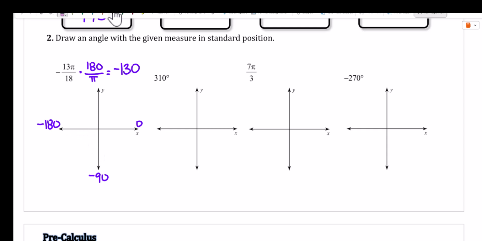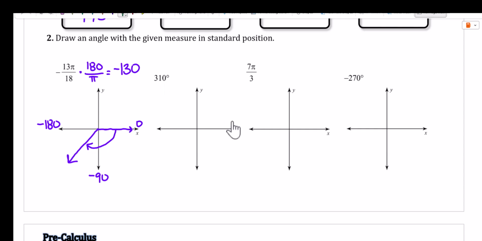We are just going to say, here is my initial side. Here is my terminal side. And because it is negative, I'm going to draw my arrow going clockwise so that I know this is a negative angle.